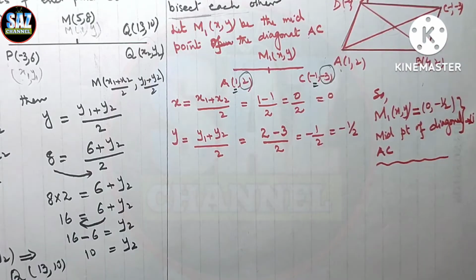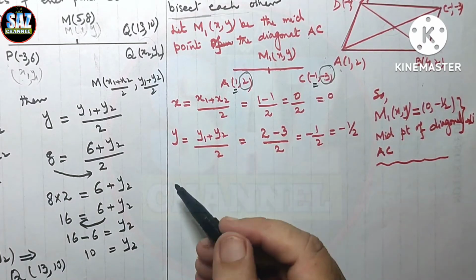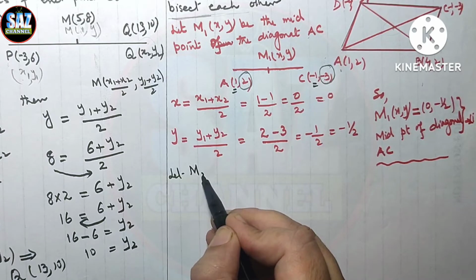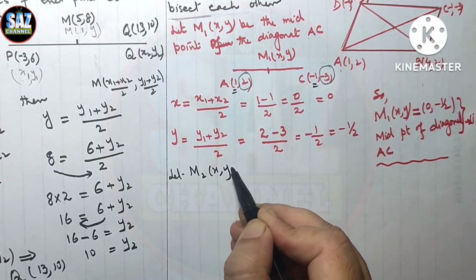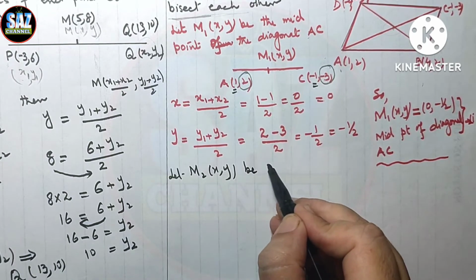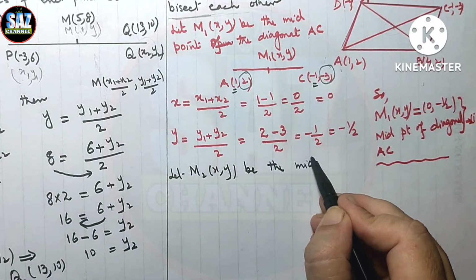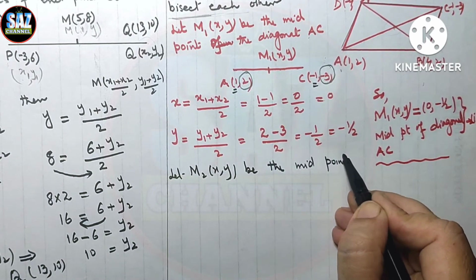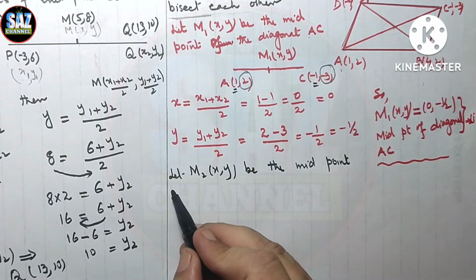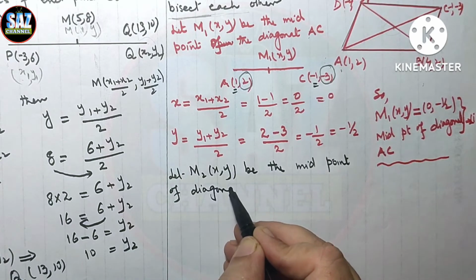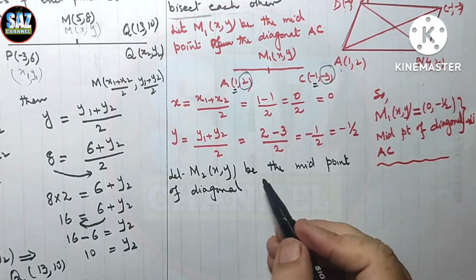And now we have to find the midpoint of the diagonal BD. Again we are supposing that M2(x, y) is the midpoint of what? The midpoint of the diagonal. Which diagonal, students? Diagonal BD.